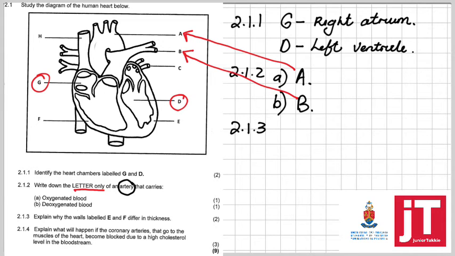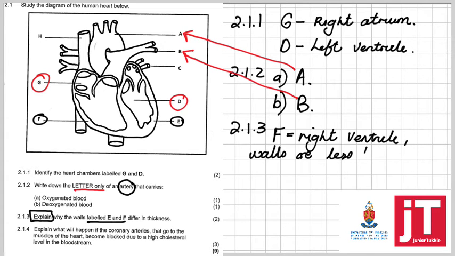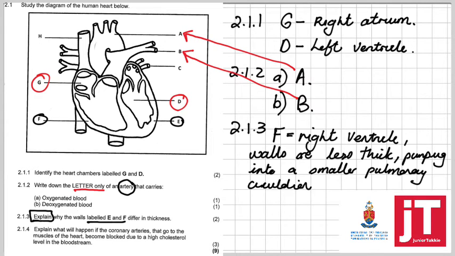2.1.3. Explain why the walls of E and F differ in thickness. E and F are the walls of the ventricles. So, in comparing these 2, we need to make sure we are identifying what the structure is forming in the heart. So looking at 2.1.3, structure F is the wall of the right ventricle.